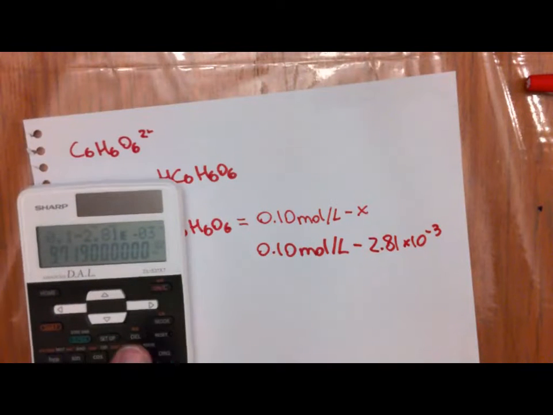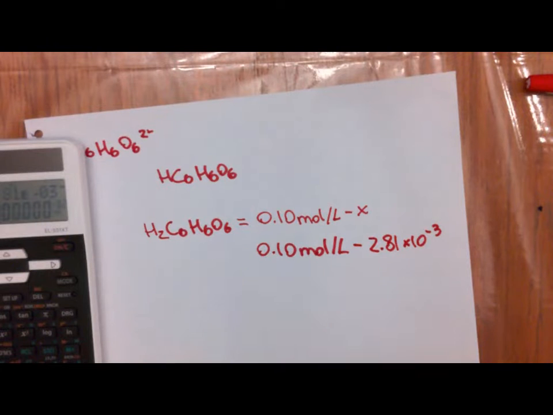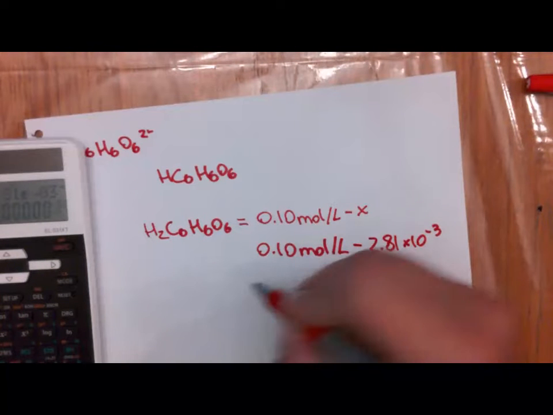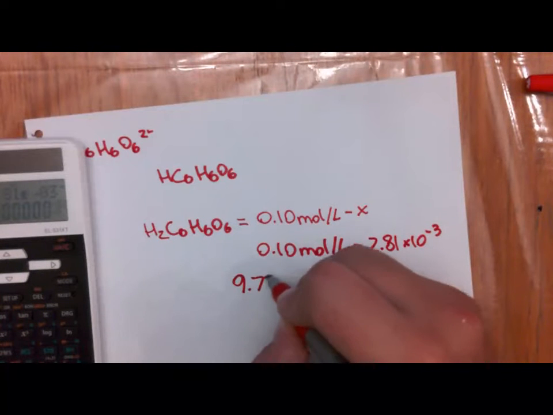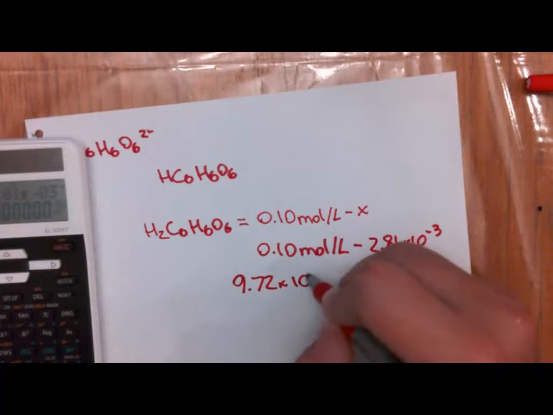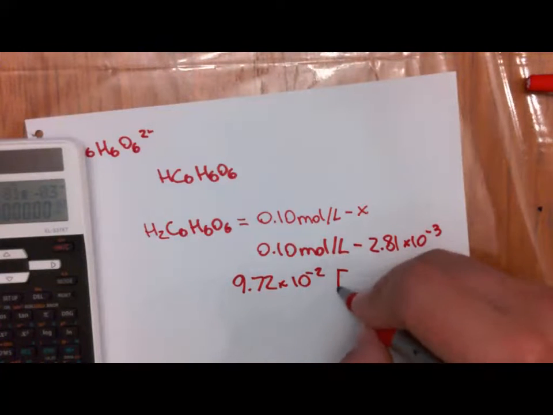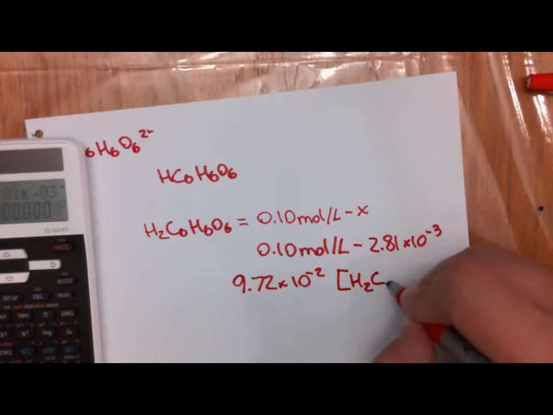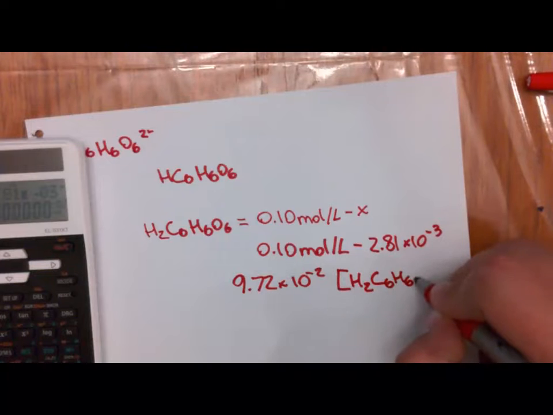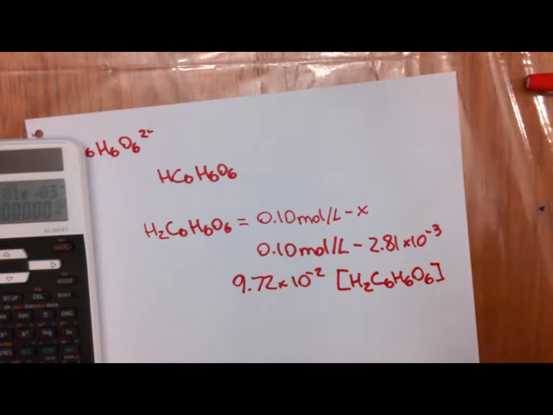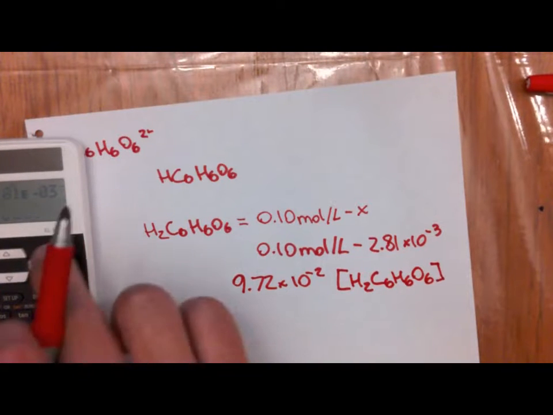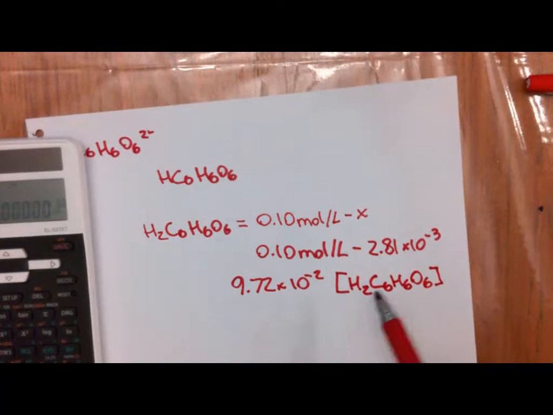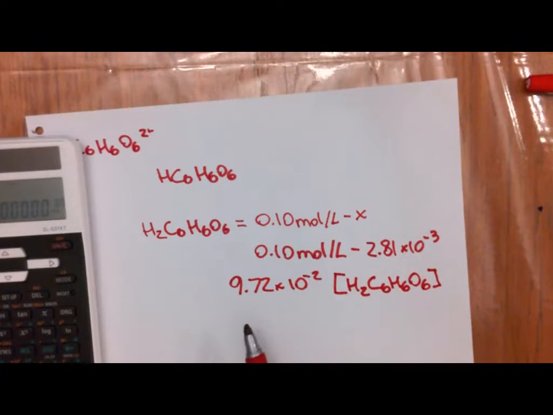So it's essentially going to be very equal to this 0.1. However, we'll write that out. So it's going to be 9.72 times 10 to the negative 2. And that's going to be our concentration of H2C6H6O6 at equilibrium. Right, so as you can see, it really didn't lose much of its concentration whatsoever.